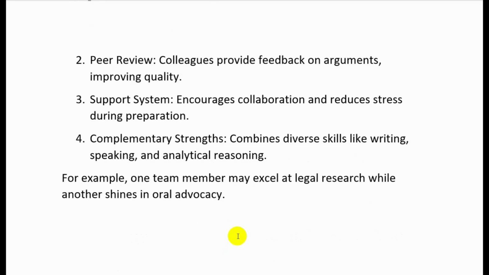A support system encourages collaboration and reduces stress during preparation. Complementary strengths combine diverse skills like writing, speaking, and analytical reasoning. For example, one team member may excel at legal research while another shines in oral advocacy.